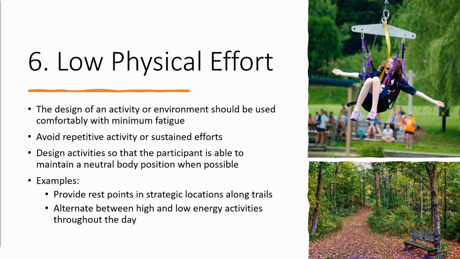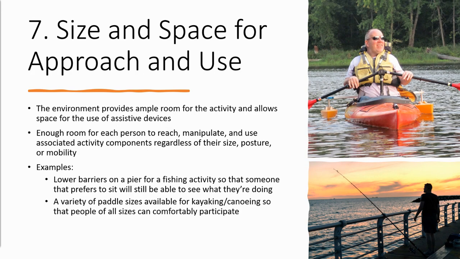And then it is also beneficial to alternate high and low energy activities throughout the day to maintain that energy and to prevent fatigue. The final principle, size and space for approach and use, pushes you to ensure that the environment has enough room for all campers to access the activity, and if they have an assistive device, that there's ample room for them to be able to continue to use it.